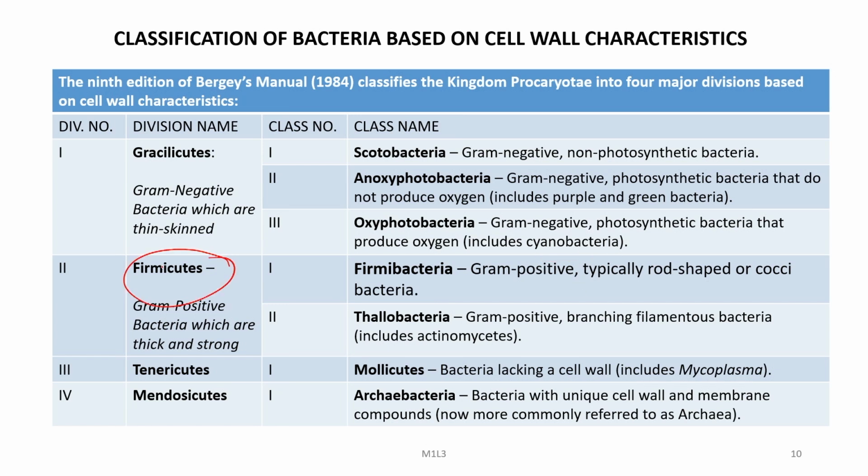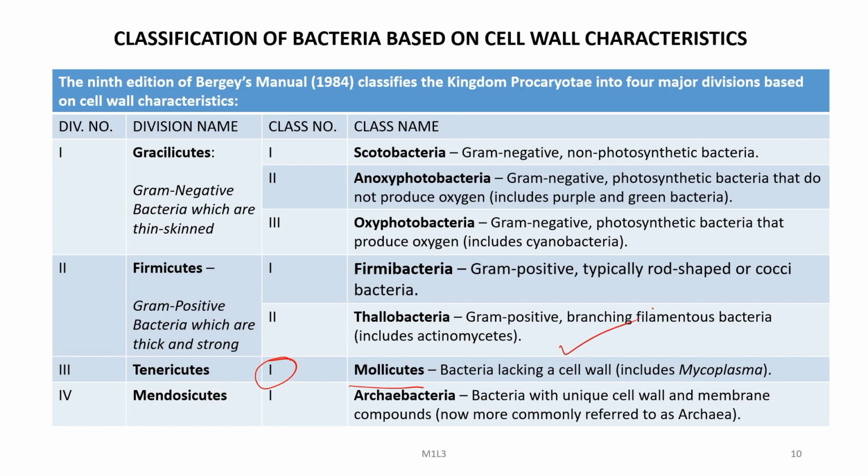Under Firmicutes, we have 2 classes. The first one is Firmibacteria, which are gram positive typical rods or cocci bacteria. Then you have the Thallobacteria, which is gram positive branching filamentous bacteria. This includes the Actinomycetes. And under the division Tenericutes, we have only one class, which is Mollicutes.